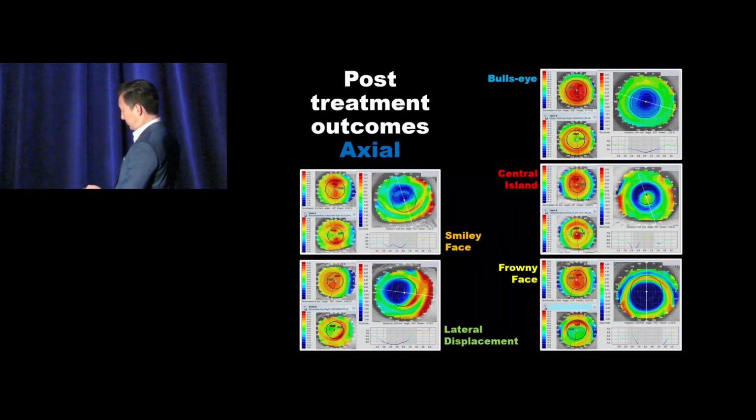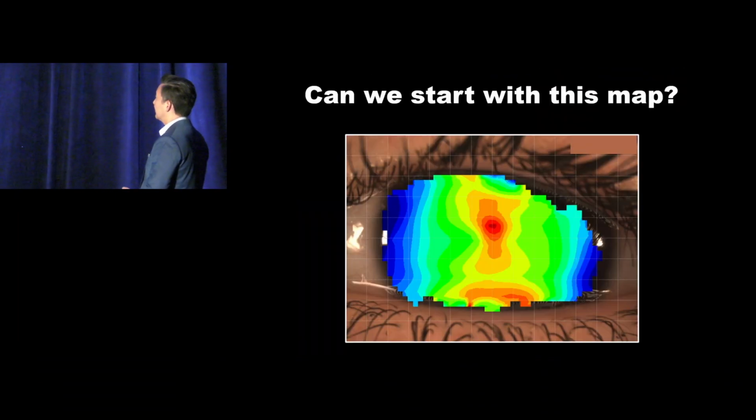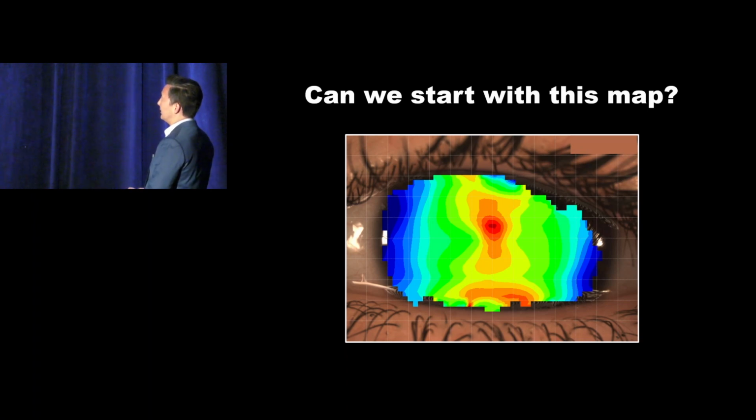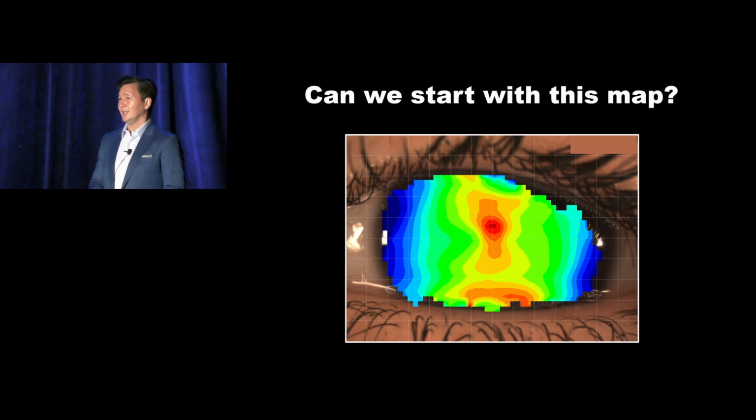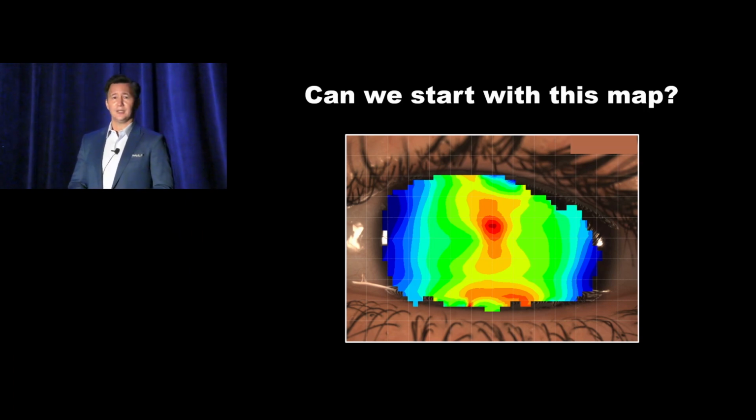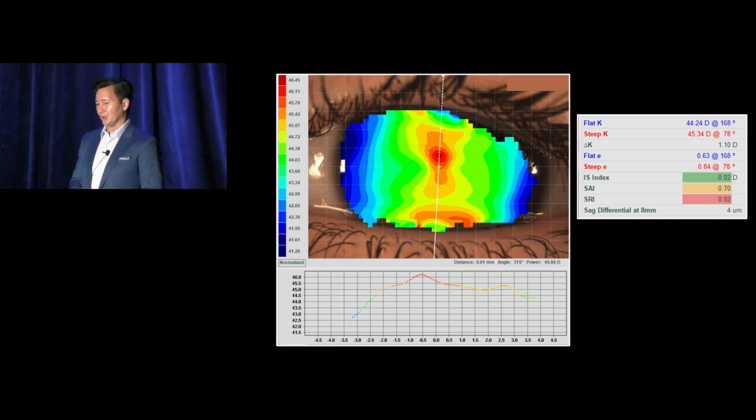See if I can find my pointer. This spot right here. You see that real cold area that's right at the lid? That's totally false data. And if you were trying to build the toricity for this eye, you wouldn't have a clue what's there because there's just bad information.